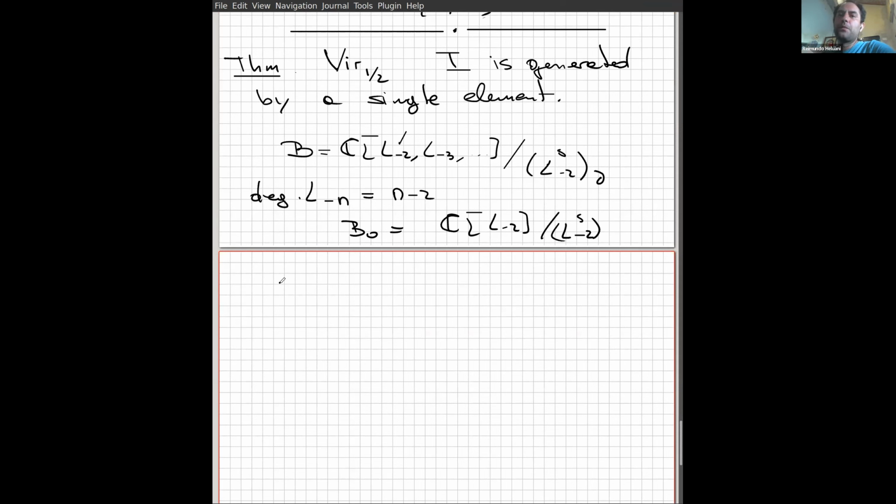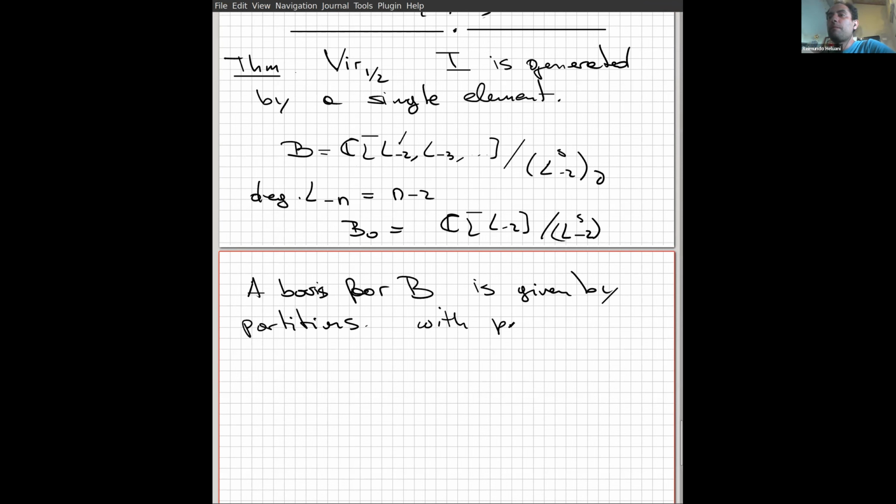Okay, so the Primc, Milas, Penn and Shepler theorem states the following. It states that a monomial basis for this space is given by partitions where every part is bigger or equal than 2.